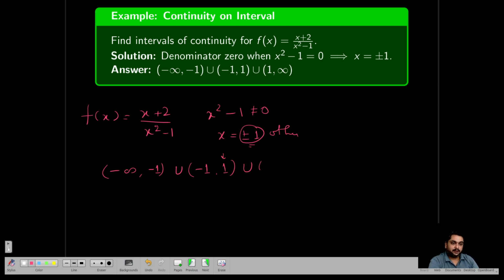Then from 1 point something to infinity. So what I'm writing here basically means minus infinity to infinity except minus 1 and plus 1. Any values other than this. So this curve is continuous in these intervals.